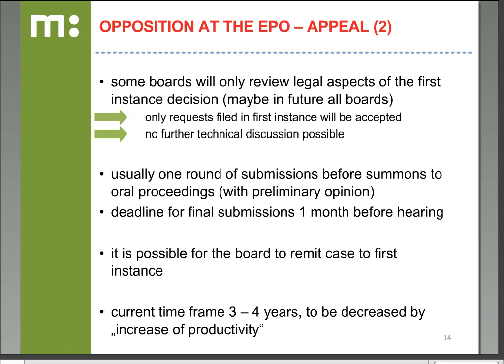And according to the latest changes, it's intended to decrease that by increasing the productivity of the Board of Appeals. So they should render more decisions and they should render them faster. And that's maybe also the reason why they want to have them review only the legal aspects of the first instance decision, because of course that's faster than if they have to get into all these technical procedures again.